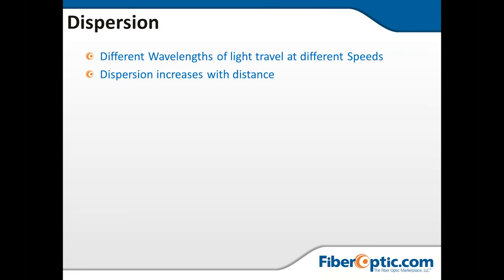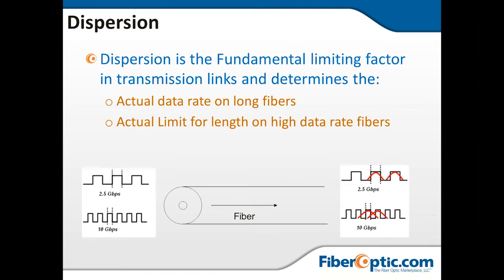So when I talk about 1550, from 1550 I might go down to 1545 and up to 1555. And those different wavelengths are going to travel at different velocities. And as they do, they're going to start spreading out. That is, in essence, chromatic dispersion.